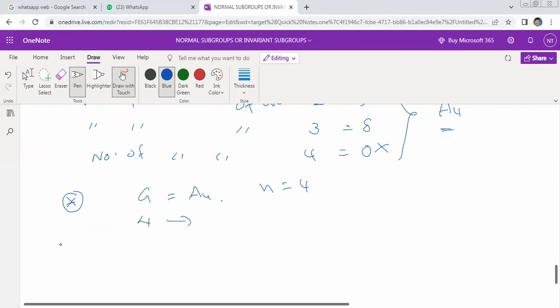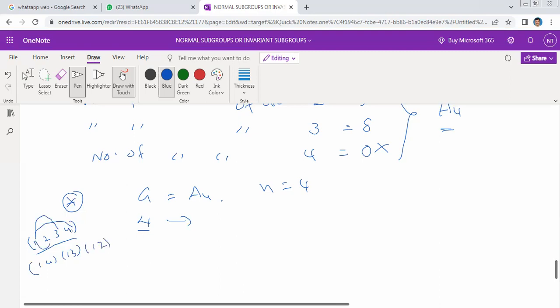If a permutation length is 4, you see 1 2 3 4. My question is, if the length of a permutation is 4, how many transpositions are possible? How many 2-cycles are possible? 1 4, 1 3, 1 2: 3 2-cycles.